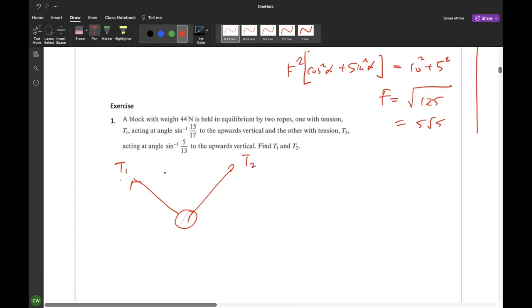T1 and T2 balance the weight. Weight is 44. T1 with vertical upward, let's say this is theta 1. The other one is theta 2. Find T1 and T2. Can you find out?